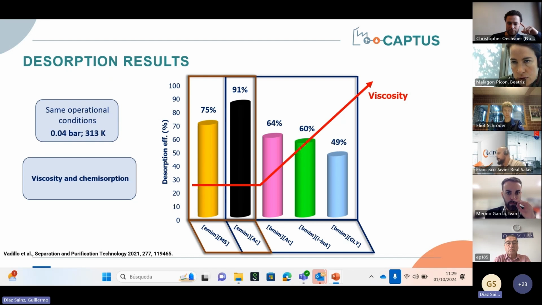In this sense, the desorption step is also a challenge, because one of the research lines that we develop is the desorption by using a pressure-swing regeneration. We have to operate at very low pressures, and we have to optimize this process in order to increase the effectiveness of the process and bring it to a future implementation at an industrial scale.